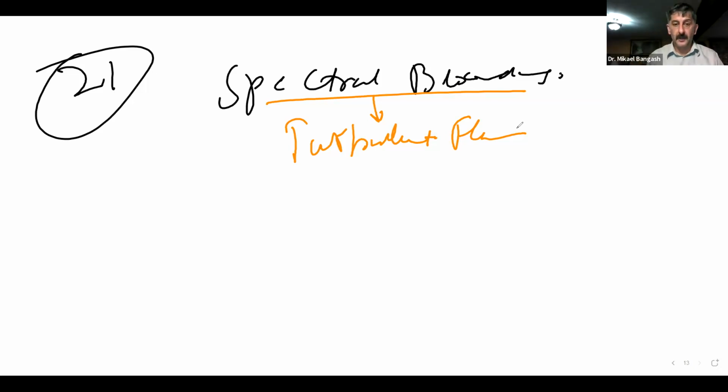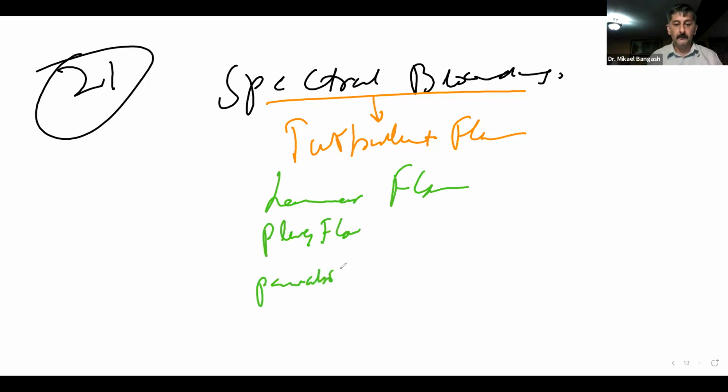The other options are mainly just laminar flow. One says plug flow and the other says parabolic flow. Well, ladies, both plug flow and parabolic flow are just two subtypes of laminar flow.